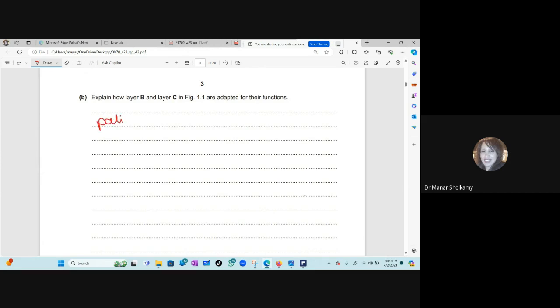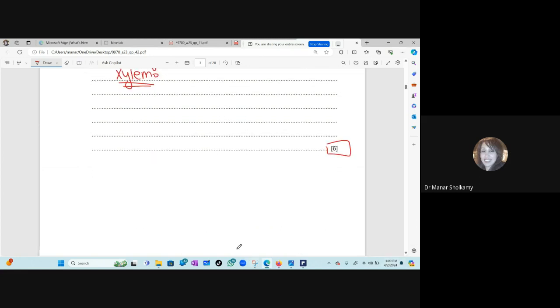You will talk about everything you know about the palisade mesophyll structure and function and how it is adapted. You have a nice paragraph here in Year 9 notes: how is the palisade mesophyll adapted to carry out its function? And then you will discuss the spongy mesophyll in detail, and then you will discuss the xylem in detail if you want to get the 6 out of 6.